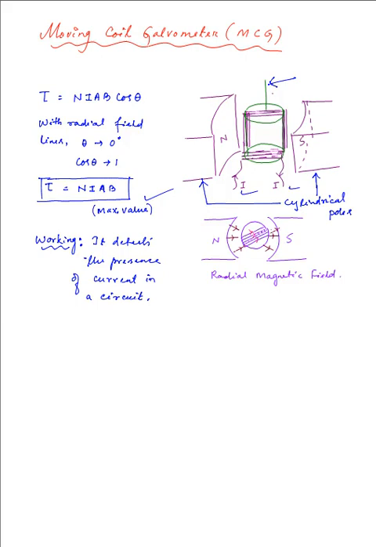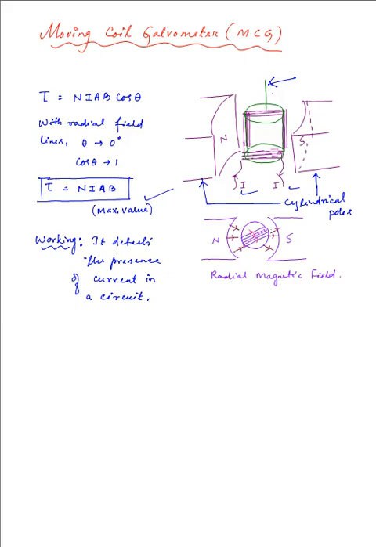As it flows, because there is a current in that coil placed between those cylindrical poles, a coupling force is established, which produces a torque in that coil. This device is connected to a pointer, which gives the deflection in one direction or the other, depending on the current being clockwise or counterclockwise.